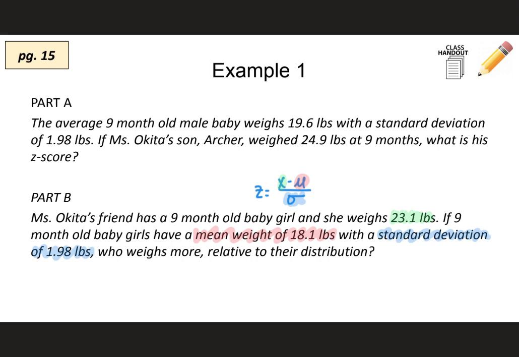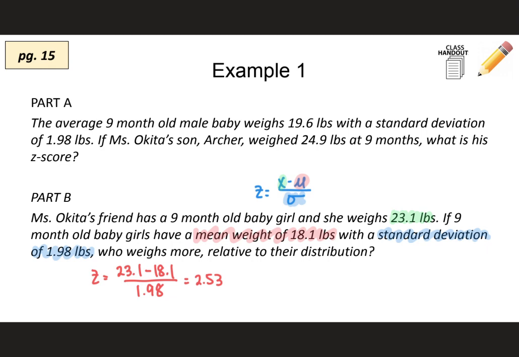So my Z-score is going to be 23.1 minus 18.1 divided by my standard deviation, 1.98. This has a Z-score of 2.5252 repeating, so we're going to say 2.53.